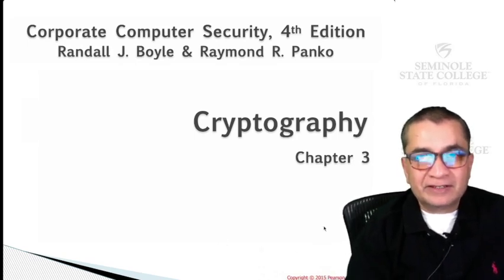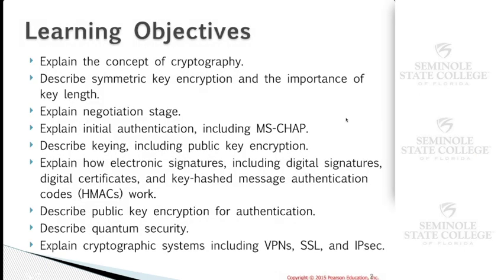All right, let's get started, folks. Very quickly, the learning objectives here: we'll go through the concepts of cryptography, describe symmetric key encryption and the importance of the key length. We'll also explain what the negotiation stage is.